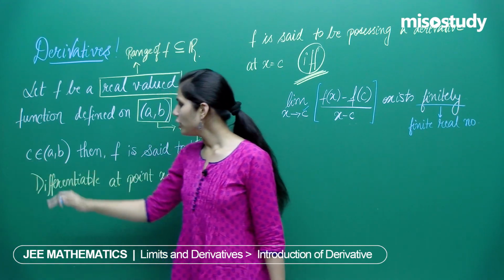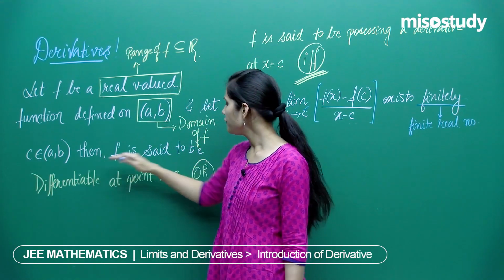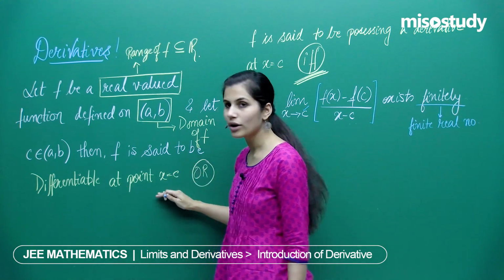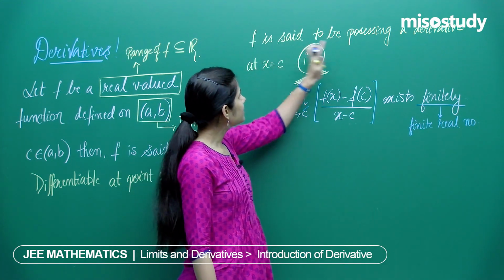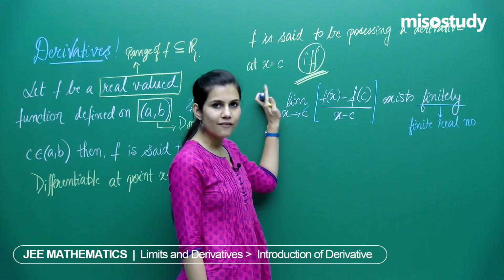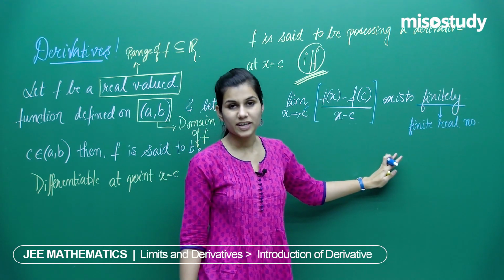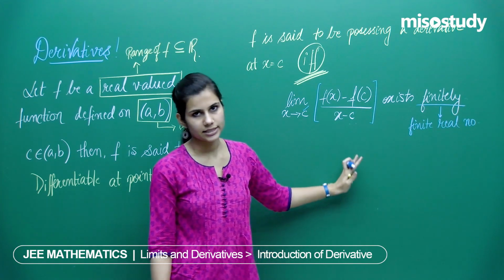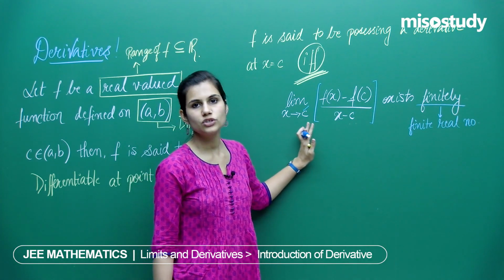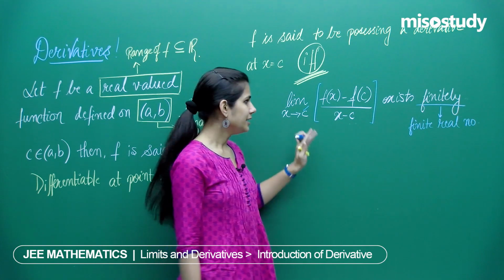Fine? So c belongs to a comma b be fixed, then f is said to be differentiable at point c, or f is said to be possessing a derivative or having a derivative at c if and only if this holds, if and only if this limit exists as x approaches c. Fine?